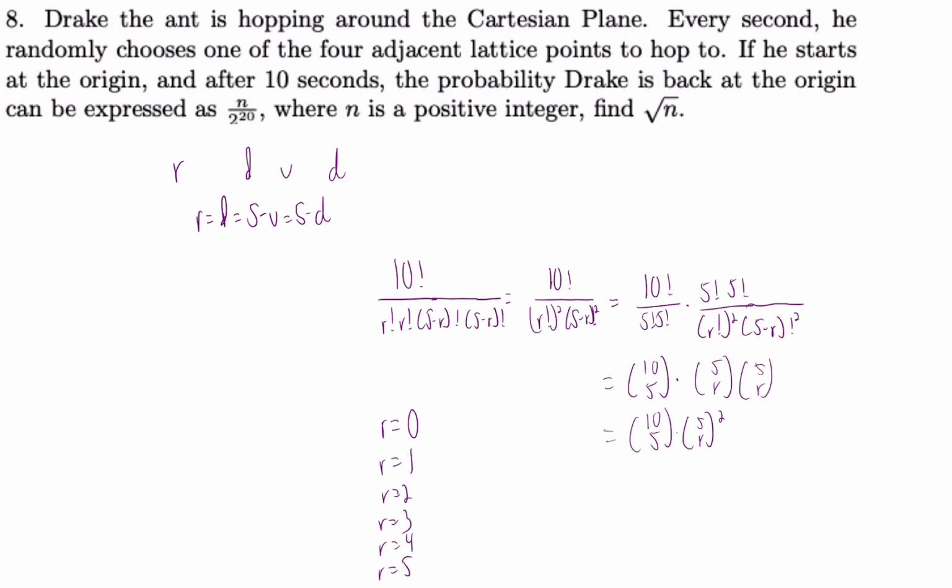And so n is just going to be equal to, let's factor out that 10 choose 5 right there, 1 squared plus 5 squared plus 10 squared plus 10 squared plus 5 squared plus 1 squared, which is going to be 252, which is 10 choose 5, times this number, which turns out to be 252, because this is 200, this is 26, and this is 26.